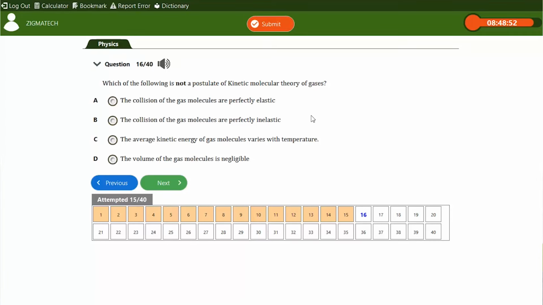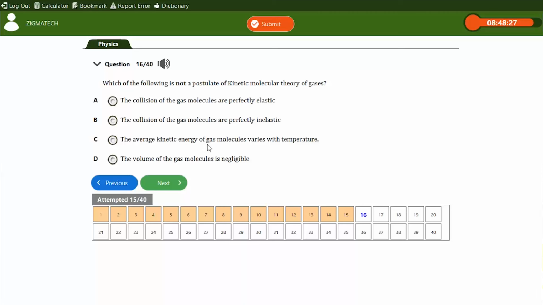On this, if you consider the postulates of molecular kinetic theory, there are two major things I am considering where the answer lies. The average kinetic energy of a gas varies with temperature. Of course, temperature is based on the average kinetic energy of the gas.